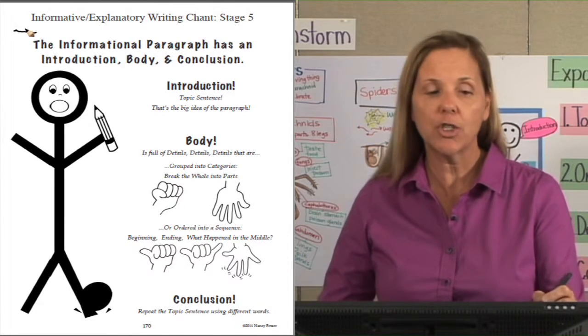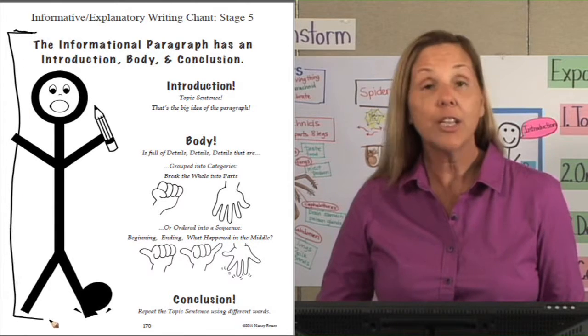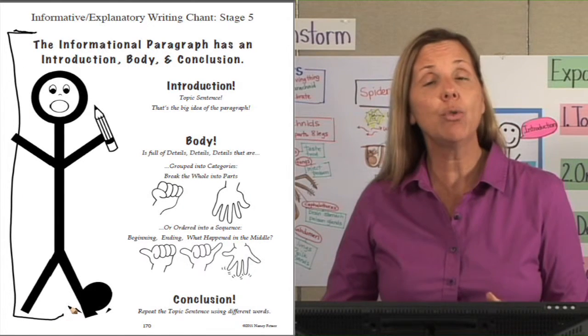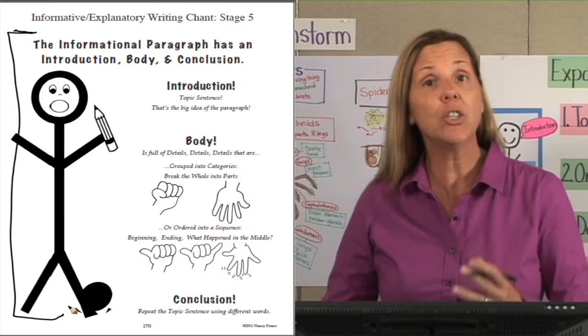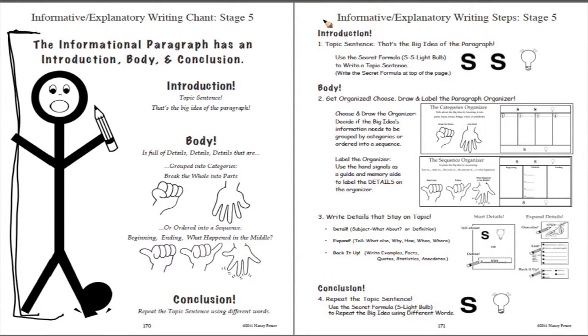Whenever we begin instruction, we always start off with our chant so that we can introduce to students what it is that we will be doing in our lesson. On page 171 is your teacher at a glance chart showing you all the steps that we're going to walk through in this lesson. Because we've already reviewed all these pages for stage 5 in the previous video, I'm going to start off with the chant.